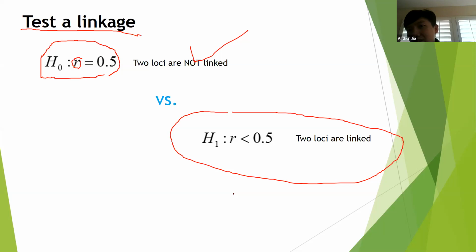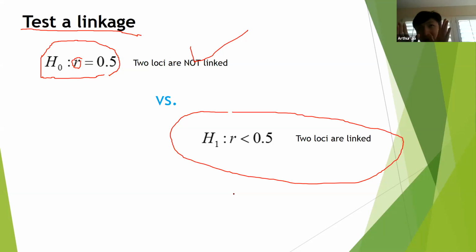Does that mean these two genes are linked or not? I don't know. I need to make a test. So I want to test if this realized value of R, 0.41, is close to 0.5, or whether it is far removed from 0.5 to show a strong linkage. So this is what we want to do, right?